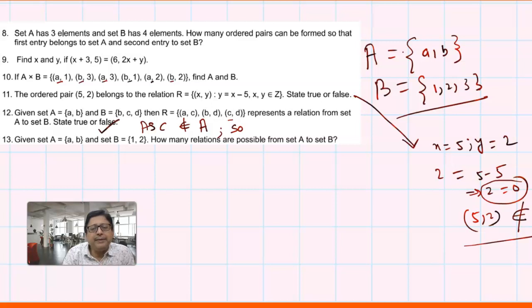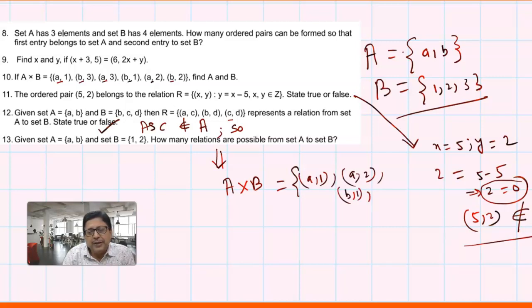Now A given, B given, how many relations? This is very easy. Let me explain. To find the number of relations from set A to set B, you need to find A cross B first. What is A cross B? That you all can write now. This is A1, A2, B1, B2.